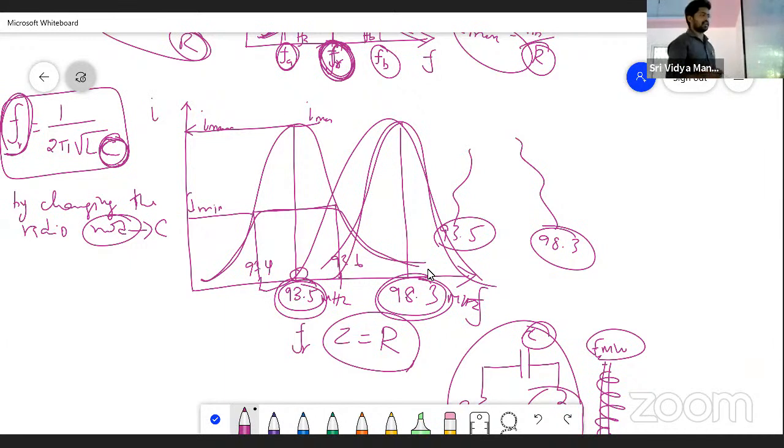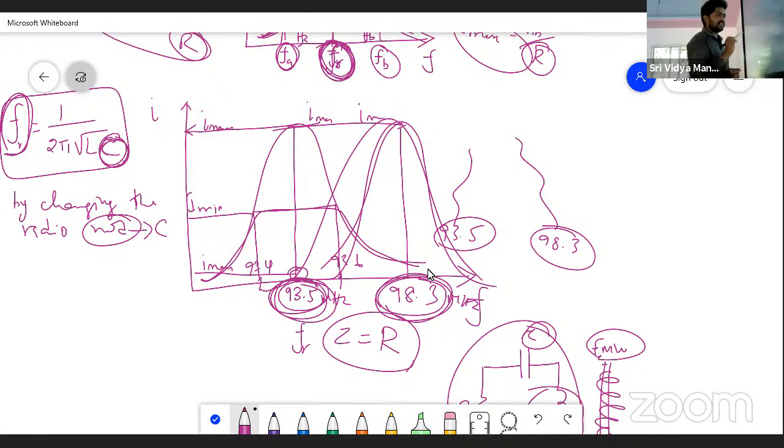This is very important. At 98.3 megahertz, at resonance, we receive maximum current, so that signal is received by the resonance RLC circuit. What happens to 93.5? It is also received, but the current value is minimum. It's not a resonance condition.